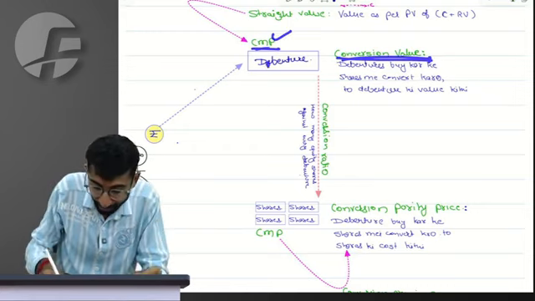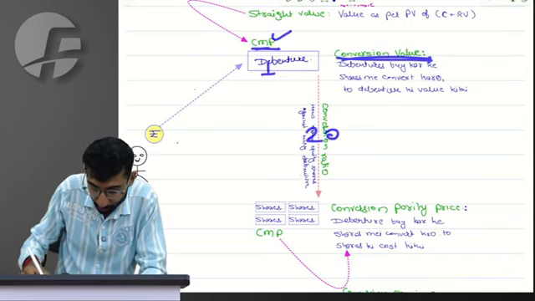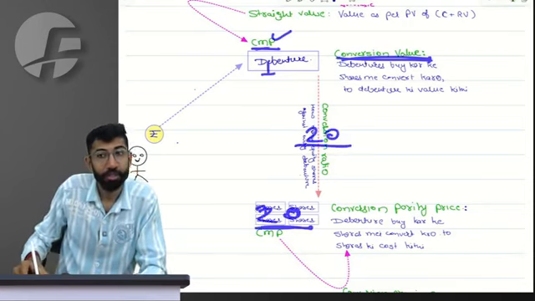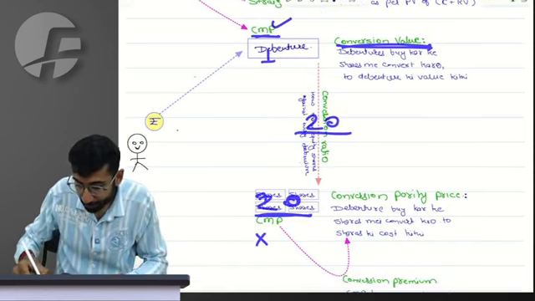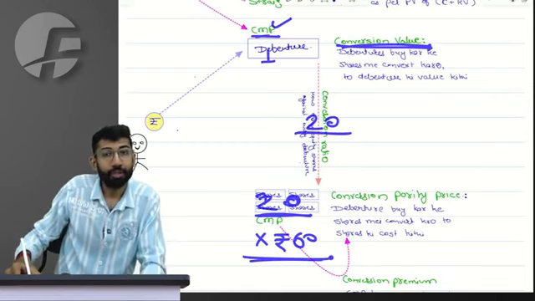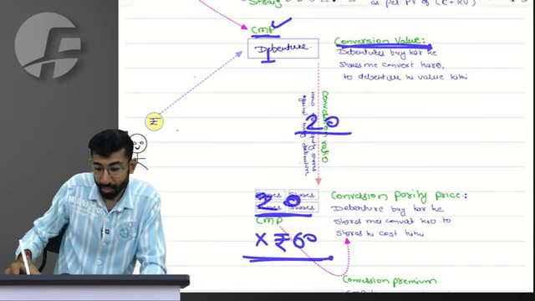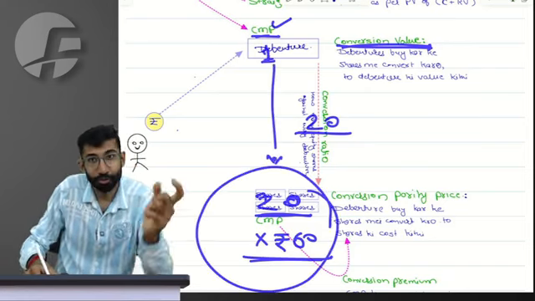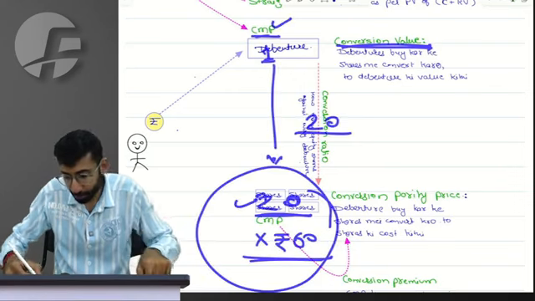For example, I have one debenture which has a conversion ratio of 20, which means it will be converted to 20 equity shares. Now imagine that the price per share is rupees 60. So what becomes the value of one debenture after conversion? One debenture gave me 20 shares, per share is 60.